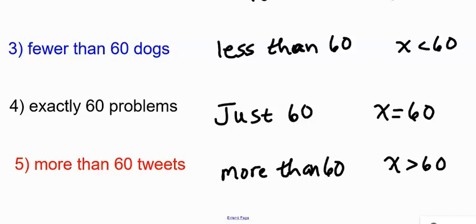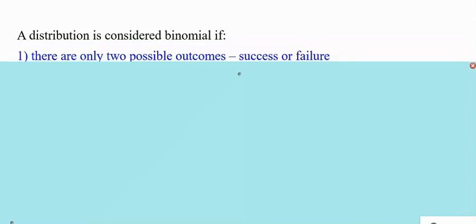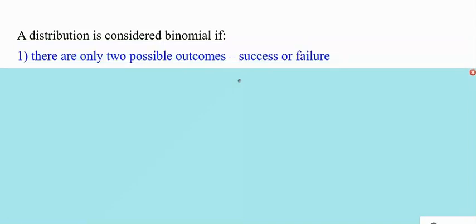When it comes to binomial distribution, like I said at the beginning, binomial means two. Dos. Two. The difference between here and regular expected value is that here we only deal with two outcomes.